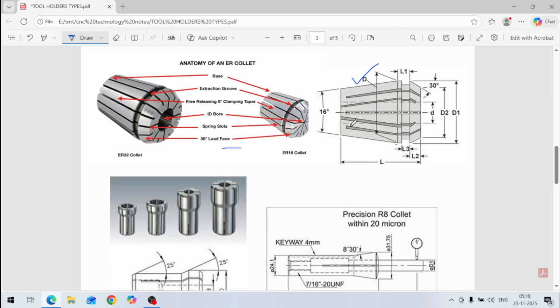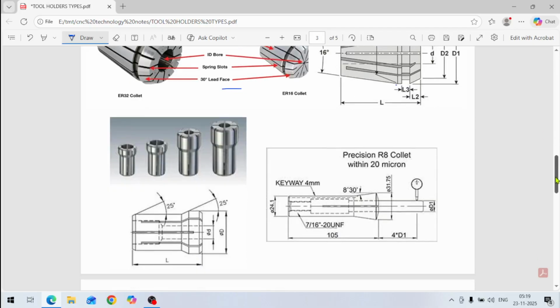These are the slots here, and all dimensions are given. The diameter may be any diameter. There are different types of collets. So these are ER type collets.